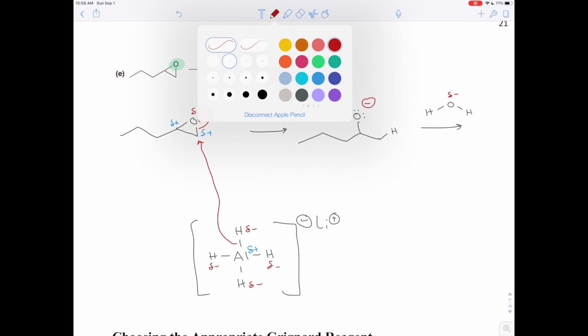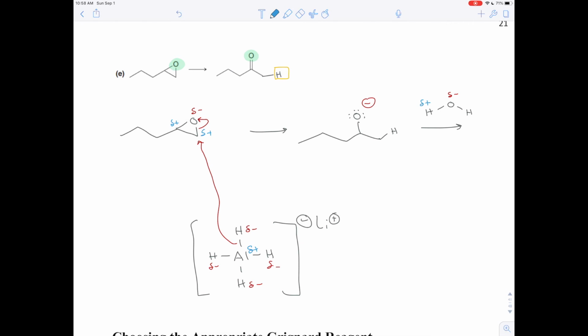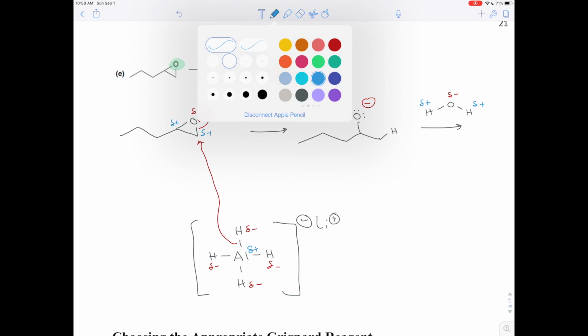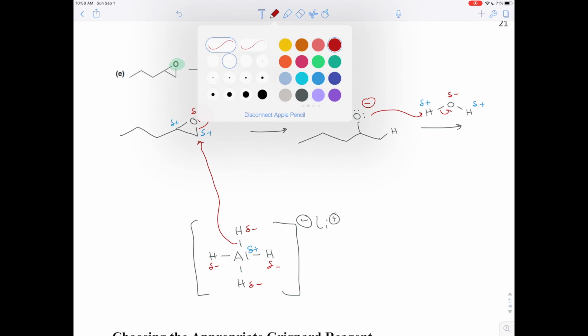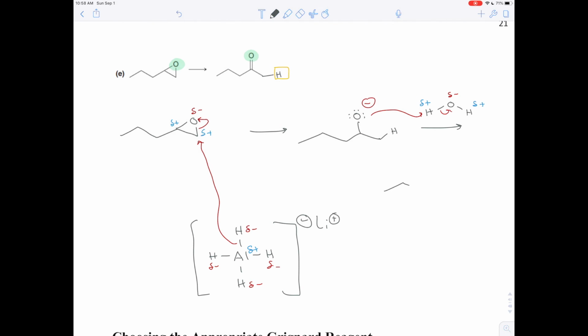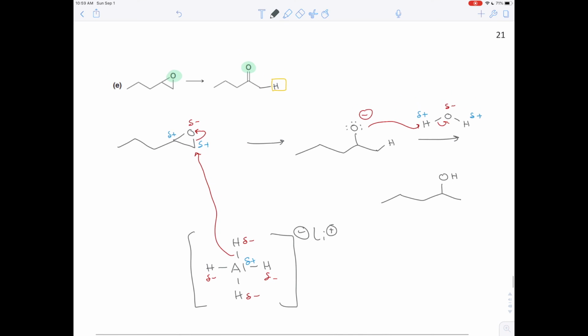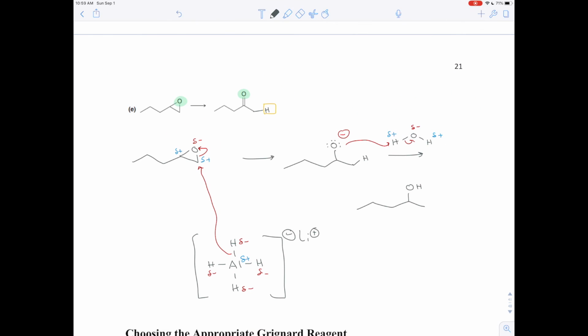Water has a slight negative charge. These hydrogens have slight positive charges. This oxygen steals that hydrogen. And we have this, that alcohol.